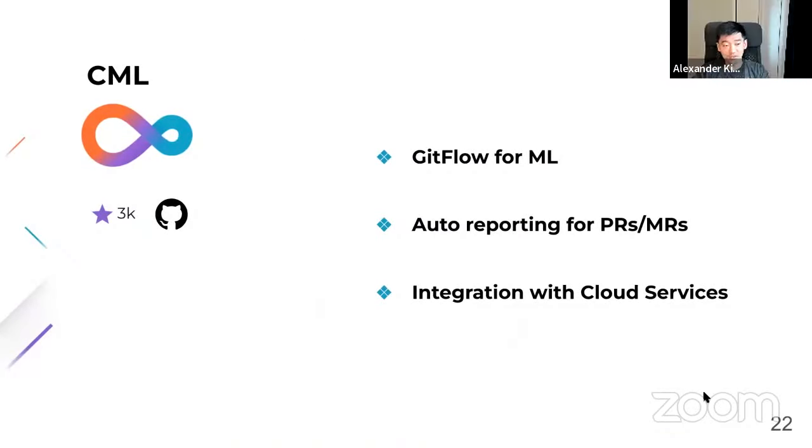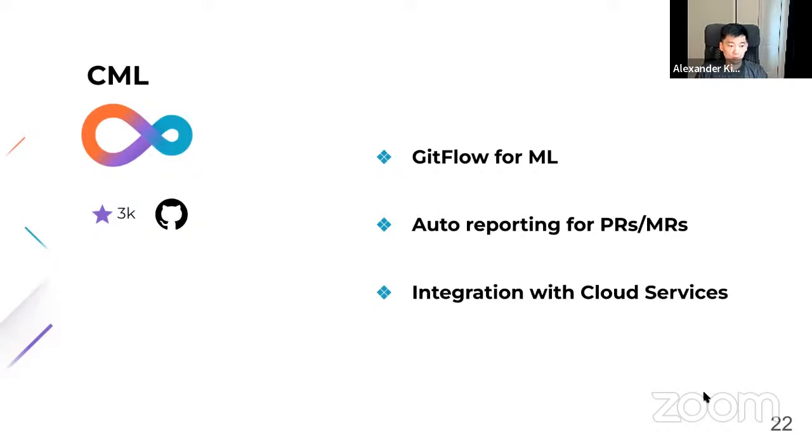So the final tool for today is CML, which stands for Continuous Machine Learning, another open source tool by Iterative, with about 3,000 stars on GitHub. It allows you to enable Git flow for machine learning. It has auto reporting features for pull requests and merge requests in GitHub, GitLab or Bitbucket.